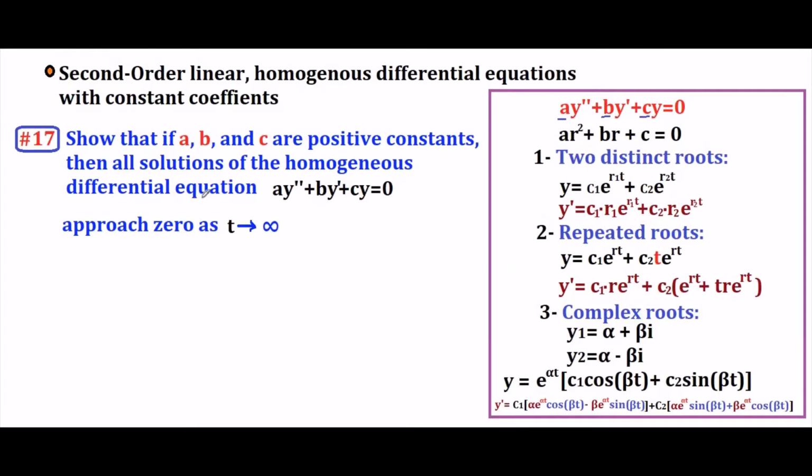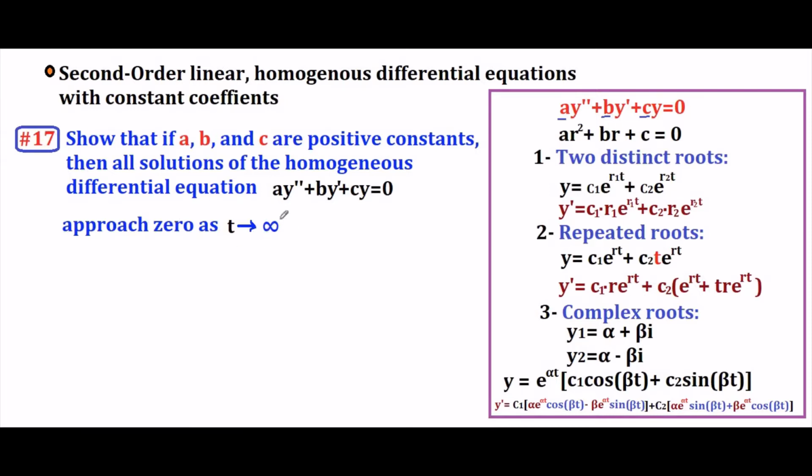Problem number 17 is the last problem of this group. Let's show that if a, b, and c are positive constants, then all solutions of the homogeneous differential equation ay double prime plus by prime plus cy equals 0 approach 0 as t approaches infinity.